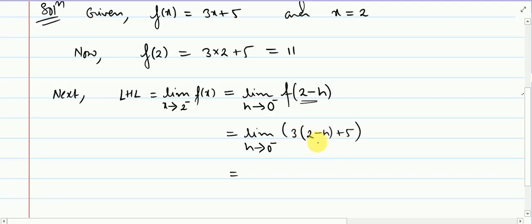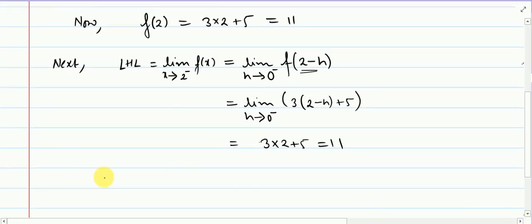If we don't get definite value, then we try to do some manipulation. Okay, and then we find the limit. So here right now, if I substitute h equal to 0, then I'm getting a definite value, so that would be the only limit. So here if I put h equal to 0, so I'm getting 3 into 2 plus 5, that is coming 11. So my left hand limit came 11.